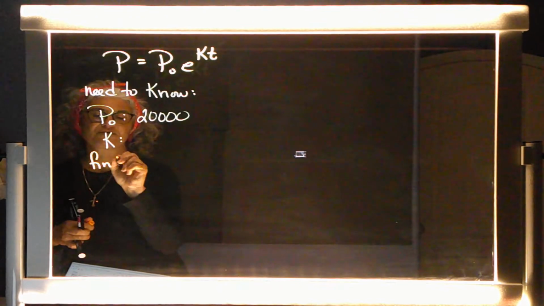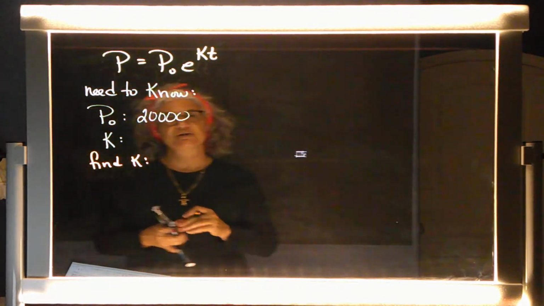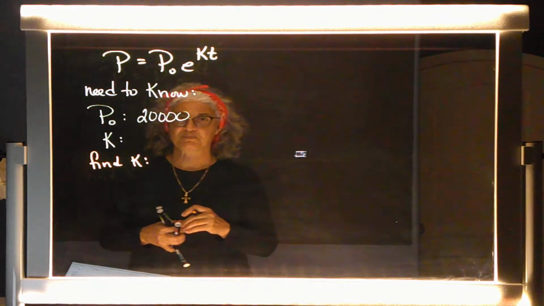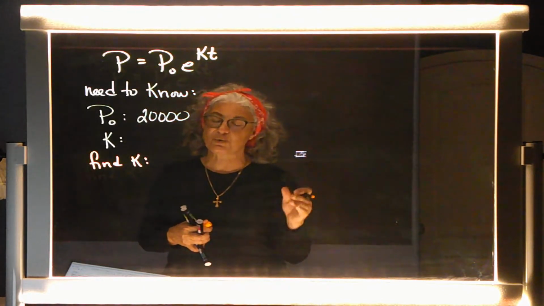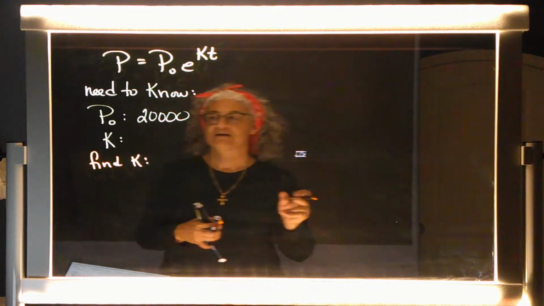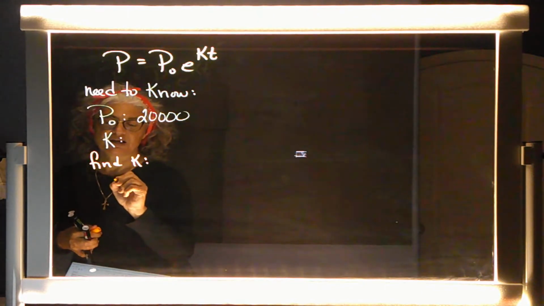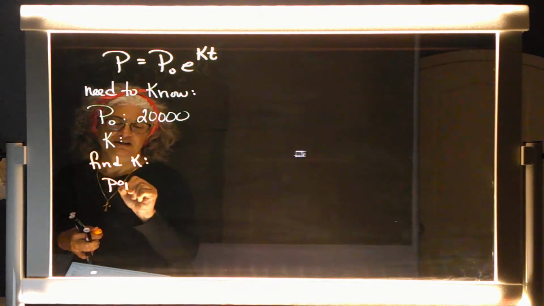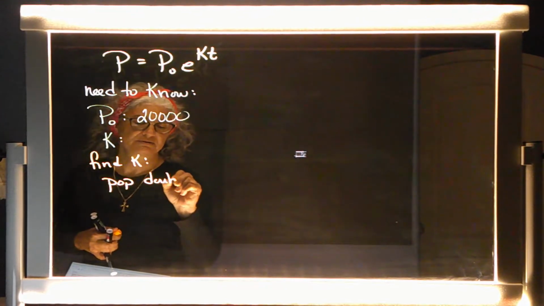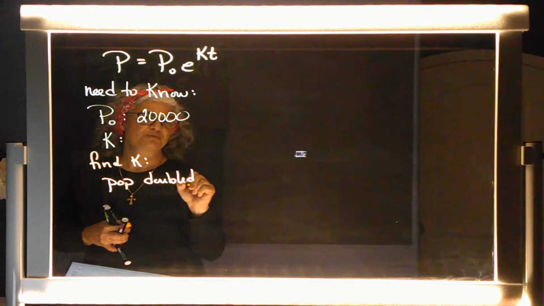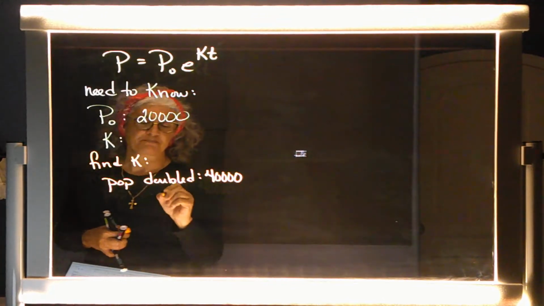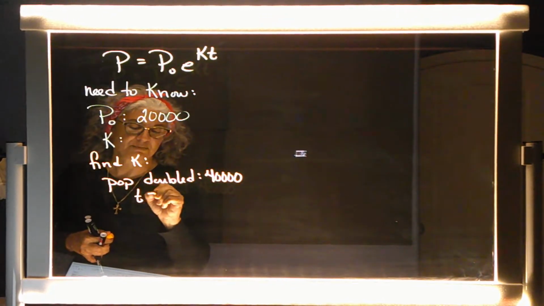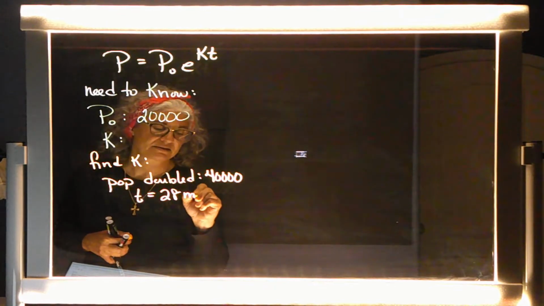In order to find K, what other information did they give me? That's right, they said the population doubled in size over 28 months. Population doubled, which means the population is going to be 40,000, isn't it? And the time it took to double was 28 months.